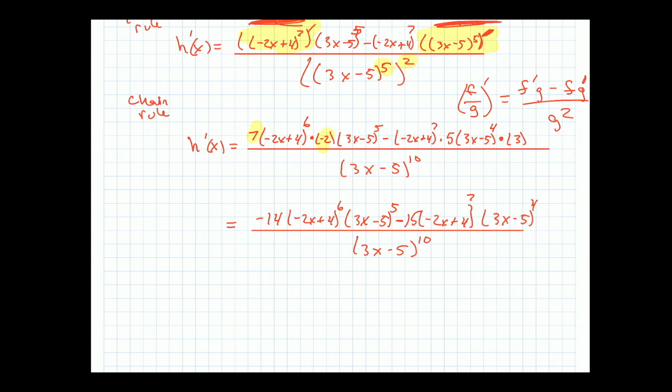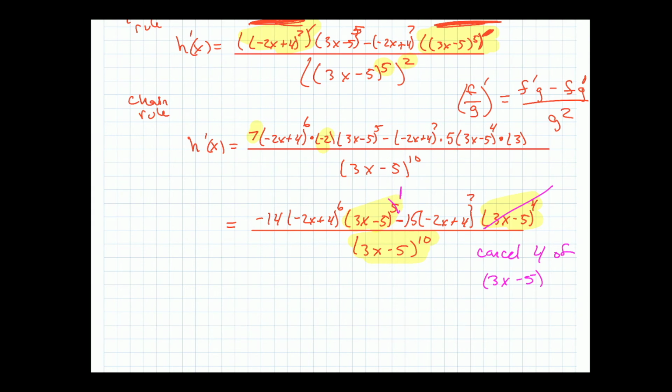Now, something you can do here is, if you look at this denominator, that's actually the same term that's here and the same term that's here. So you can cancel, and the smallest power there is 4. So we can cancel 4 of the 3x minus 5s. If you do that, this one's going to be gone completely.